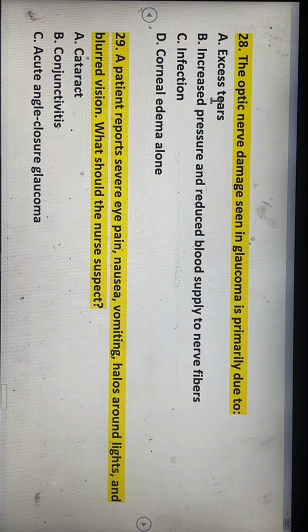The optic nerve damage, what is this explaining? The damage of the optic nerve seen in glaucoma is due to A. Excess tears, B. Increased pressure and reduced blood supply to the nerve fibers, C. Infection, D. Corneal edema alone.